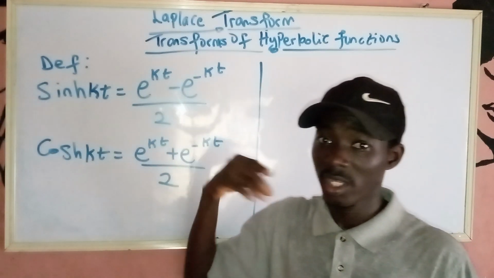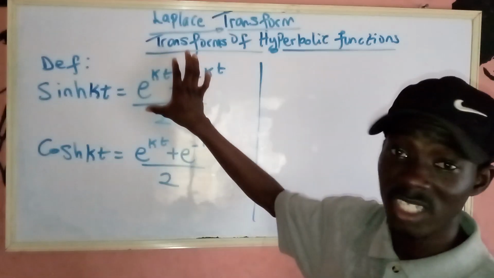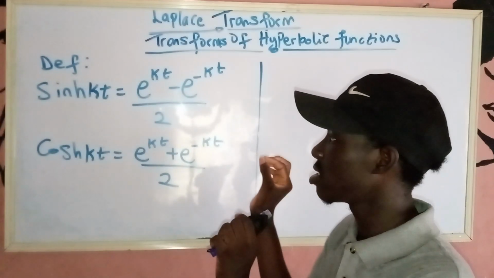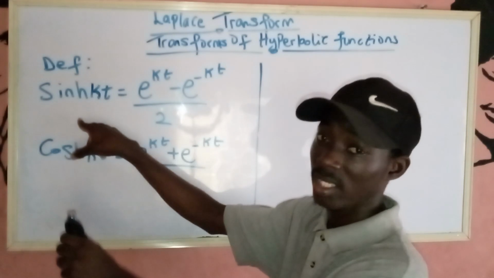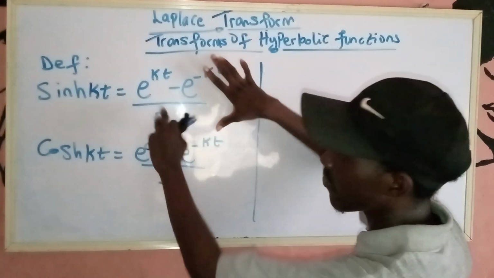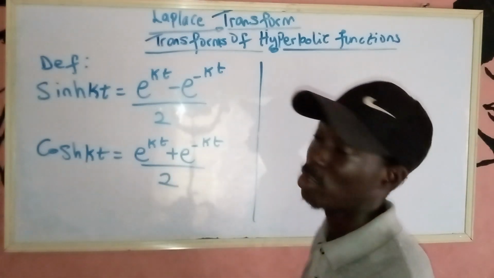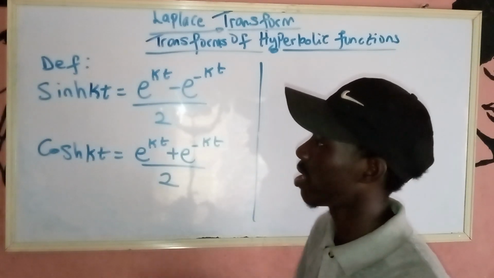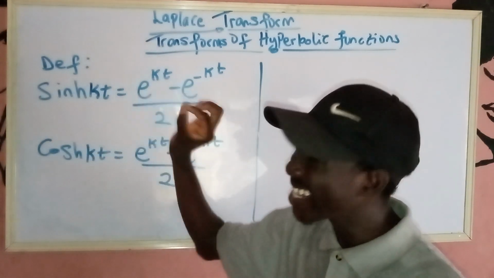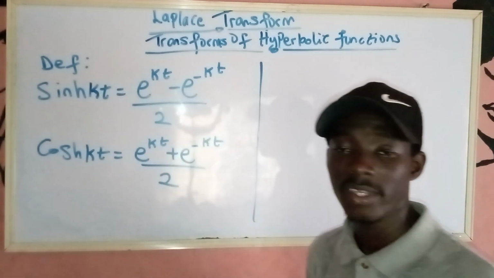Exponential function. Since we know the Laplace of the exponential function, that makes it easier for us to find the Laplace of this by expressing it in this form, more clearer and easier than finding the direct Laplace of this.